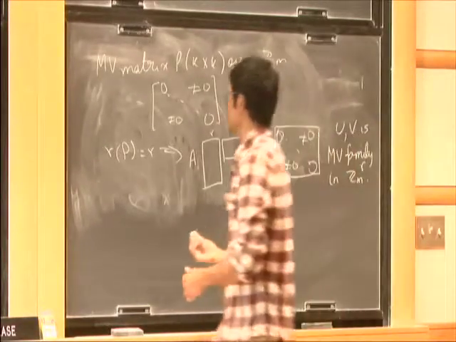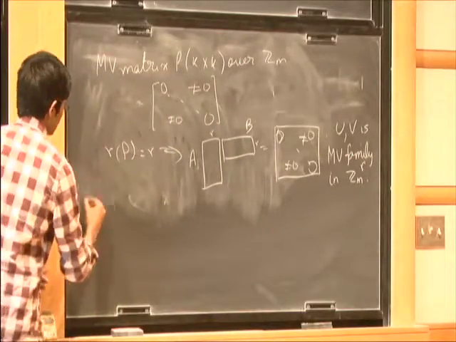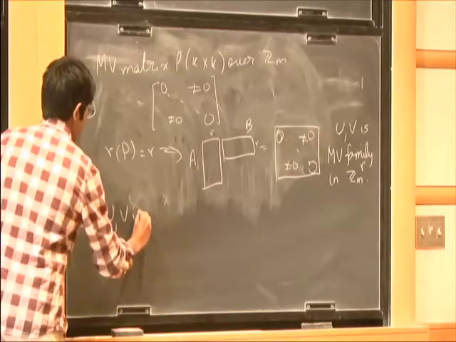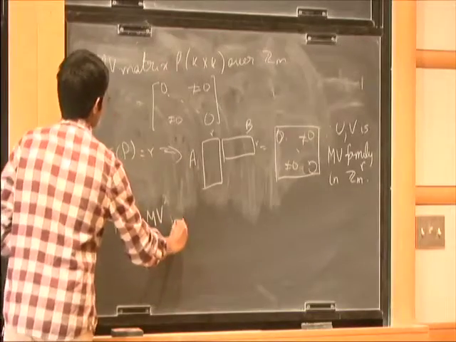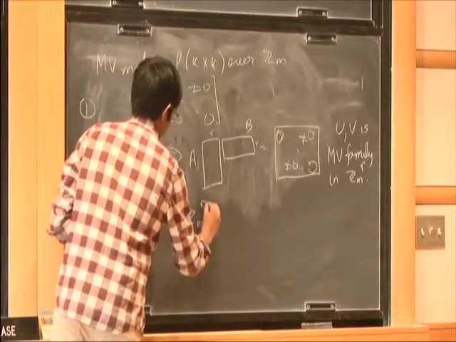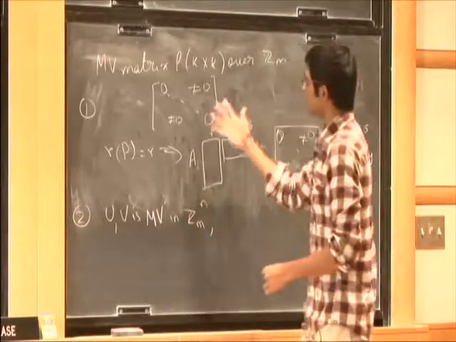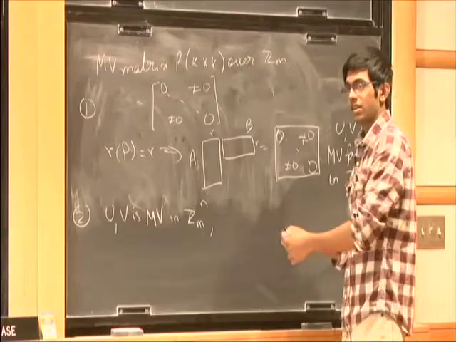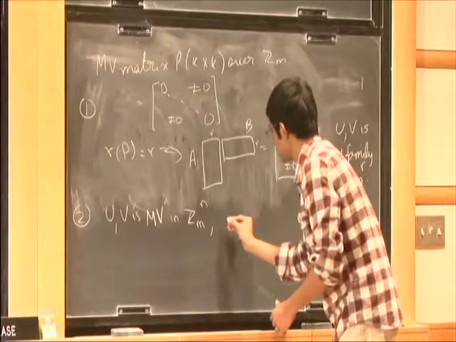On the other hand, if you have a matching vector family, so this is 1. If U and V is an MV family in Z_m to the n, then the inner product matrix that it gives is of rank at most n. Why is that?